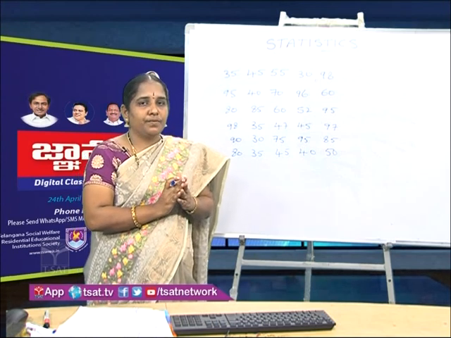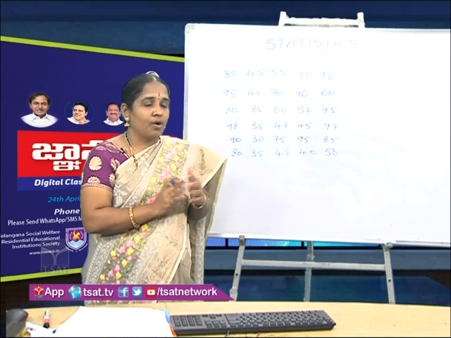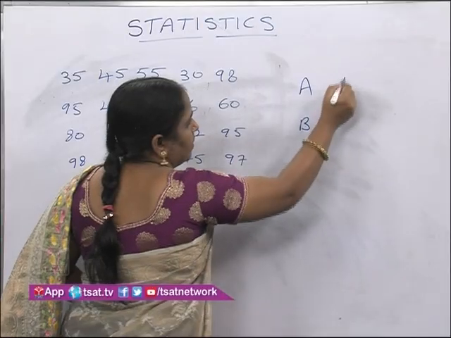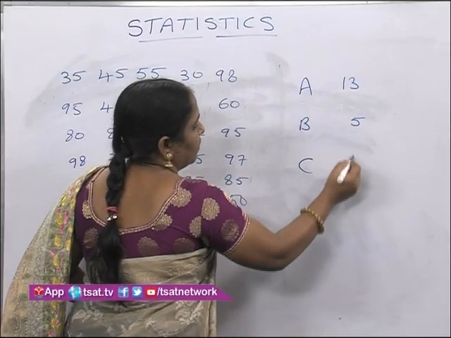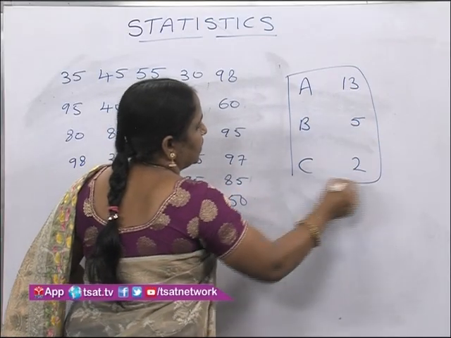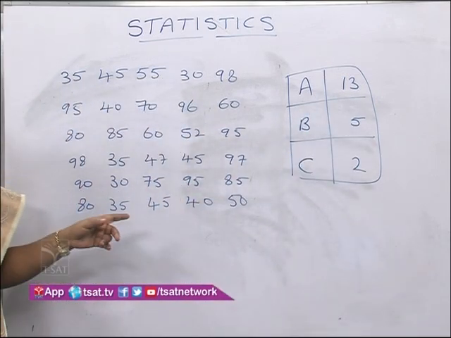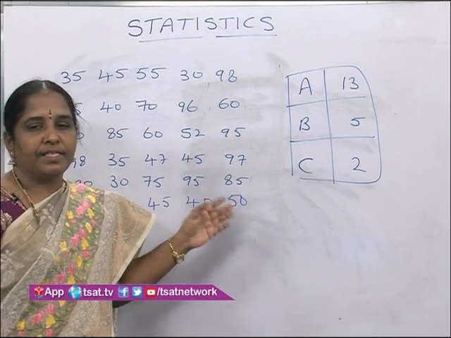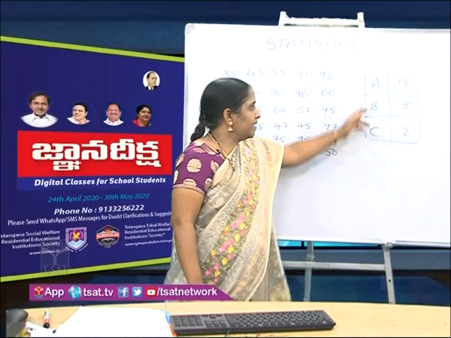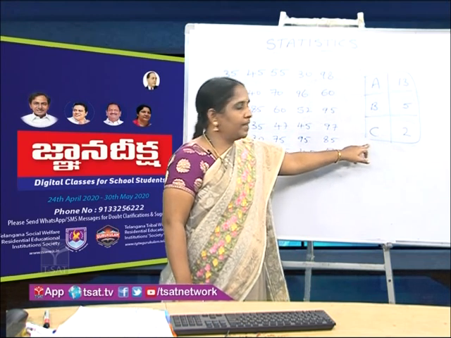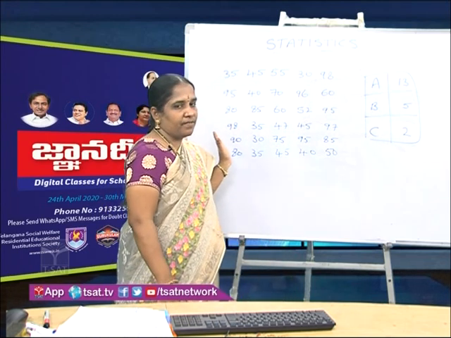We got something like 13 and 5 and 2. So this is a frequency distribution table but not grouped. That is why it is called an ungrouped frequency distribution table. Here the varieties of observations are very few, whereas now we have more varieties of observations, right?